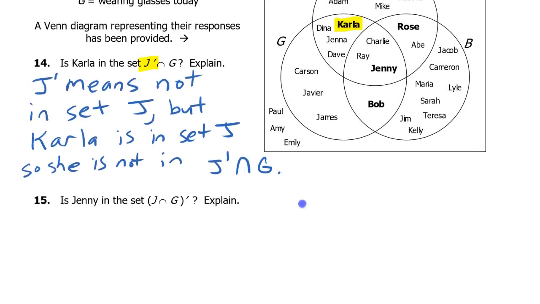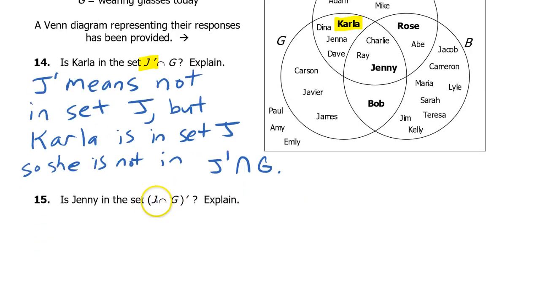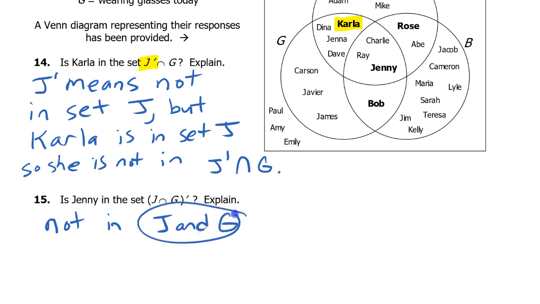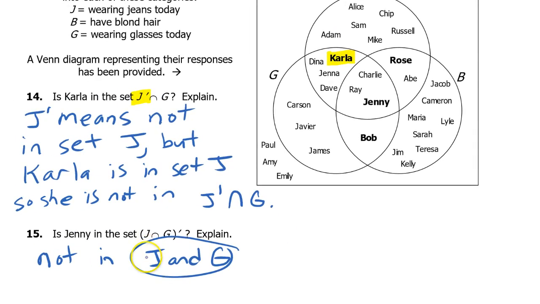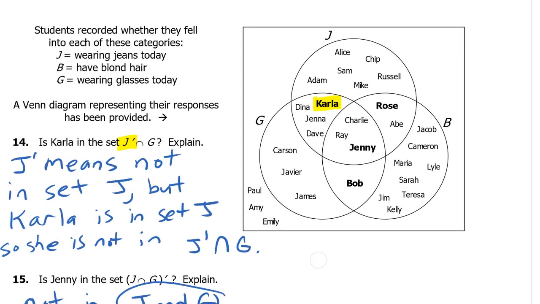Well, let's see. This means not in the intersection of J and G. Okay, so let's find the intersection of J and G and see if Jenny is in there.